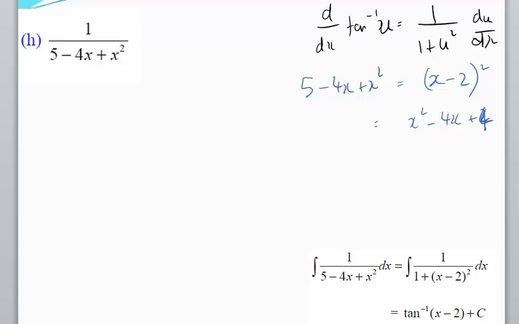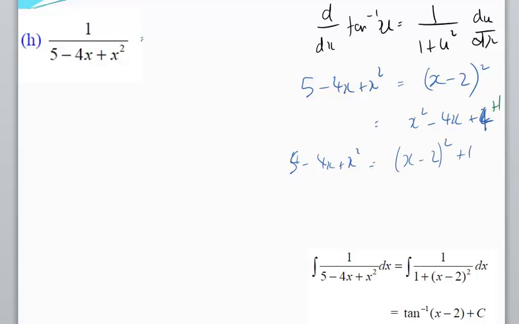So now, to get to this, the signs are right, and here we need plus 1 more. So 5 minus 4x plus x squared is the same as x minus 2 all squared plus 1.